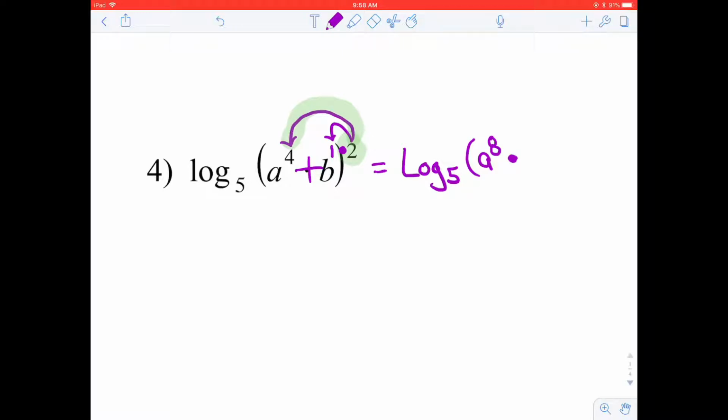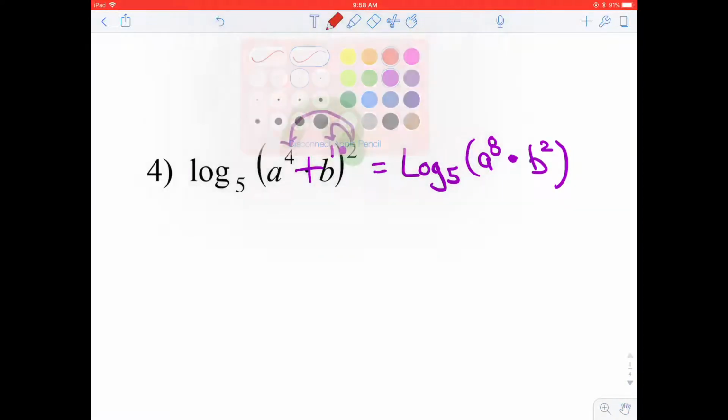And still multiply, so I'm going to go ahead and write the dot in there, and then I'm going to distribute the 2 to the 1 by the b. So then I have b to the 2nd. I'll pause for a second while you write that down. So I've distributed or taken care of the power first, and now I can go back and start to expand it.